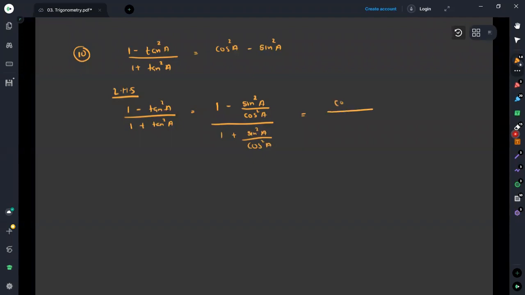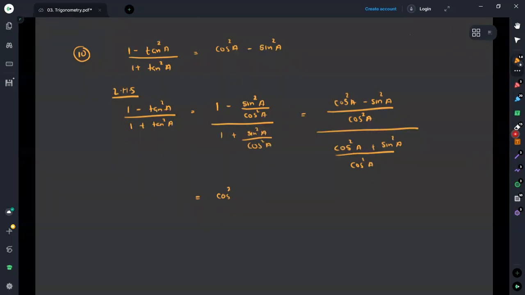If you take the common denominator in the upper part, then we'll take this as cosine squared A, then it is equal to cosine squared A minus sine squared A. Completely divide this by, again we need to take cosine squared A, then we'll get cosine squared A plus sine squared A. Here we have a division of division.